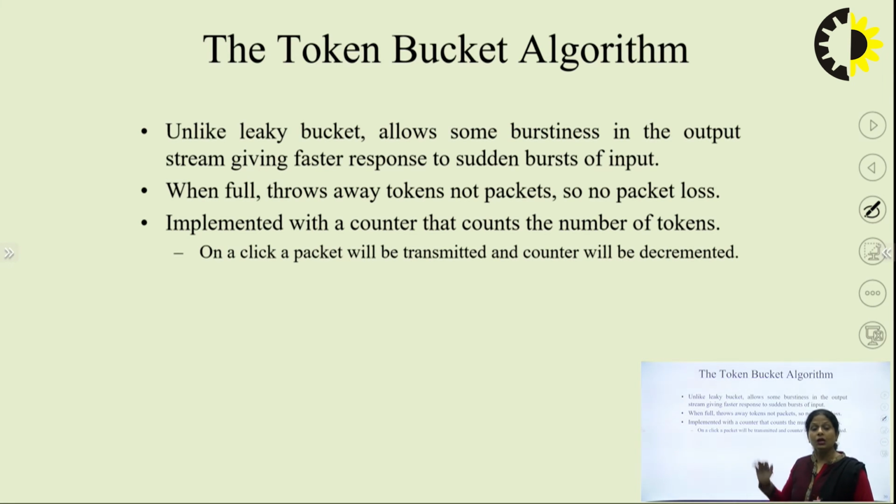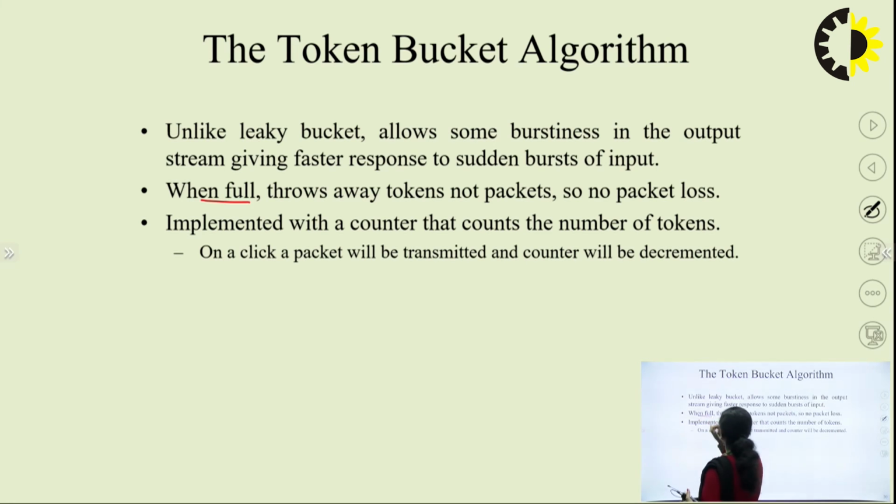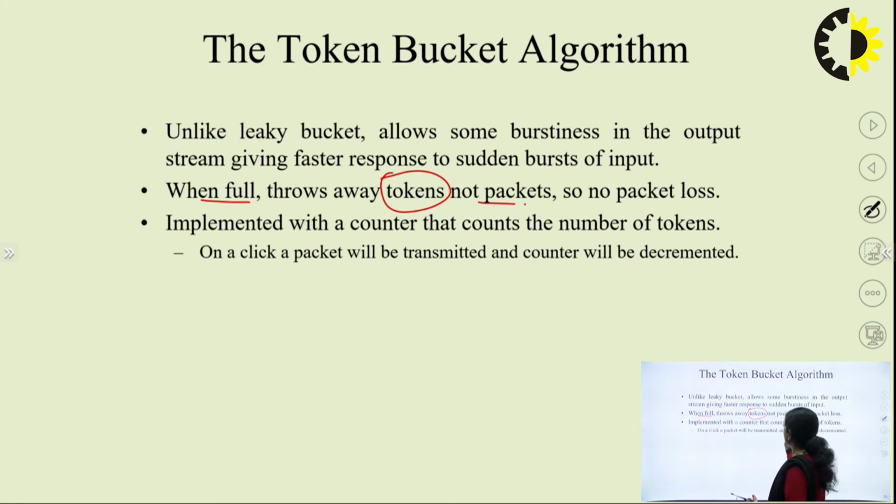As I told you, this is the main advantage of the token bucket algorithm over the leaky bucket algorithm. When it is full, what to discard? It needs to discard the tokens. Packets are safe, so no packet loss.